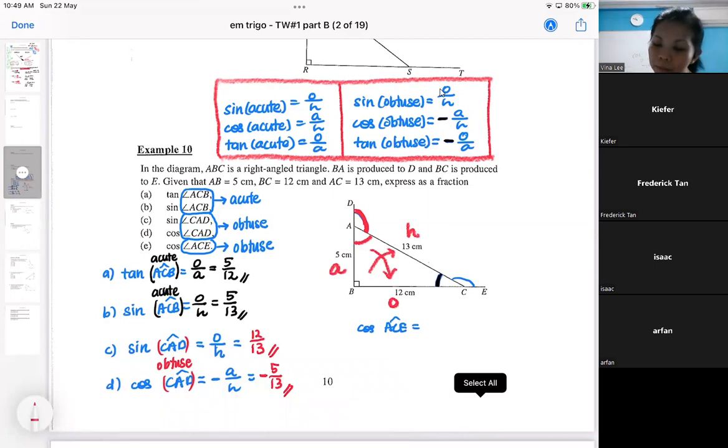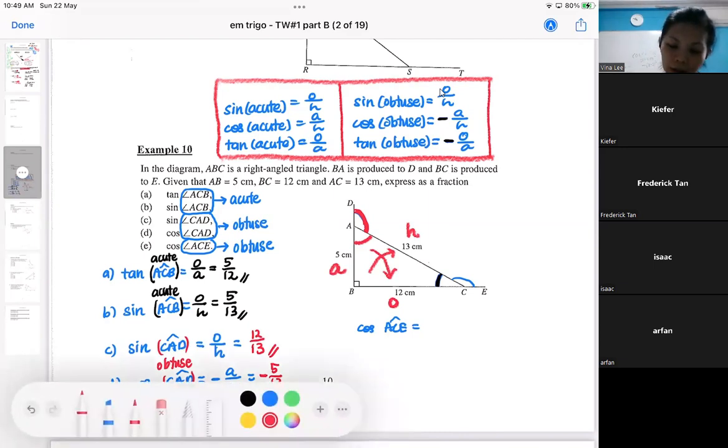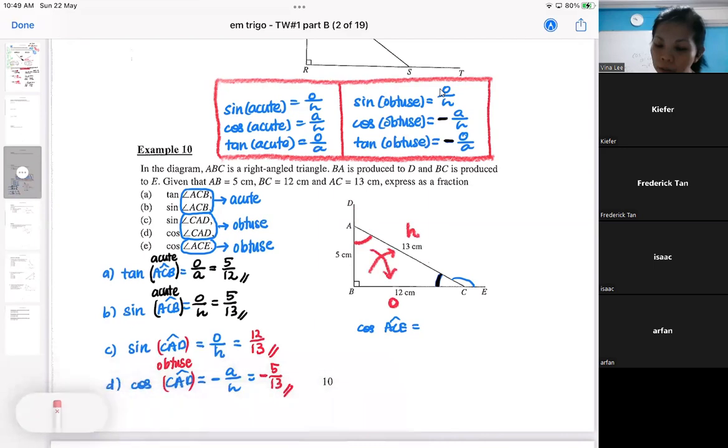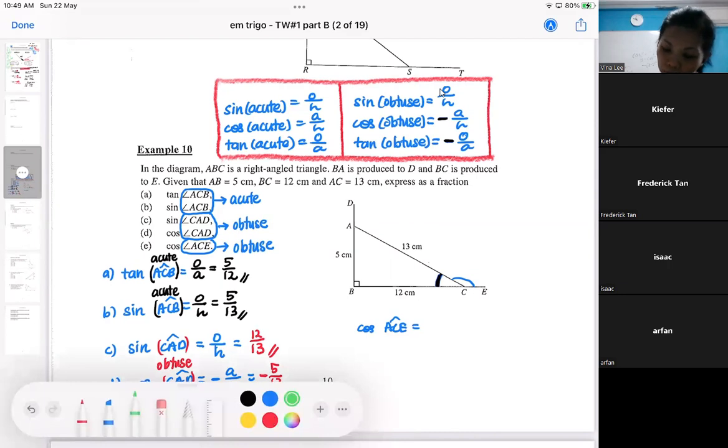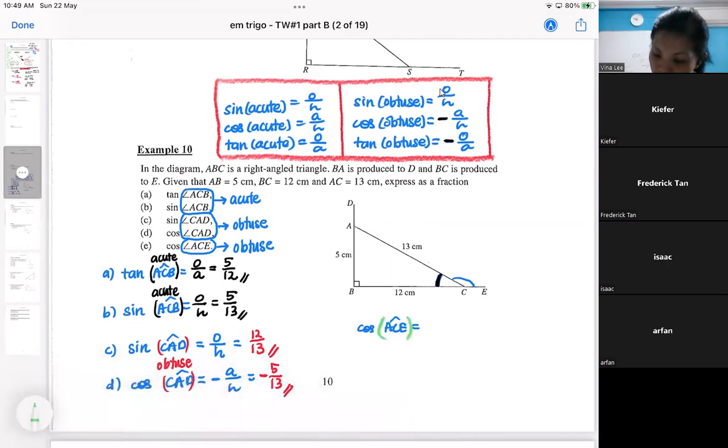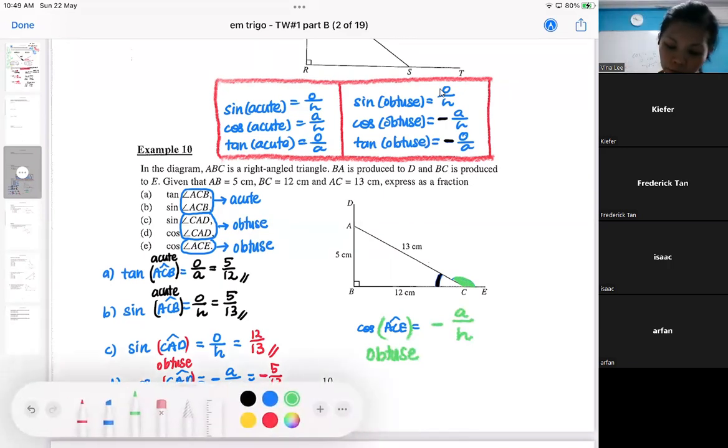So the last one is also another obtuse angle. It will be easier if you just erase off everything first. So this is the obtuse angle. According to the formula, it will be minus A over H. Borrow the OAH from the neighbor.